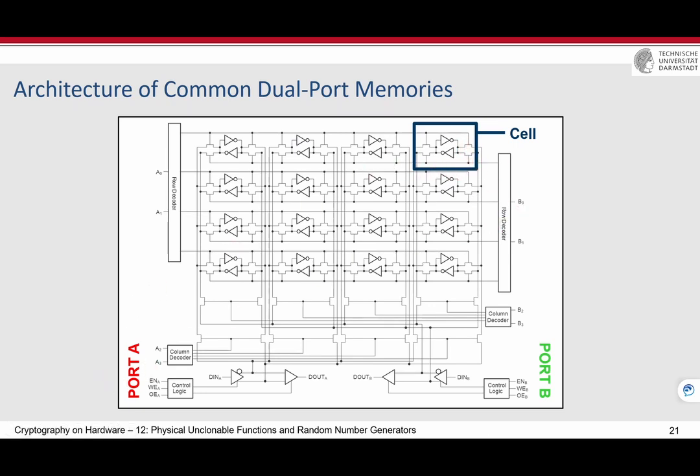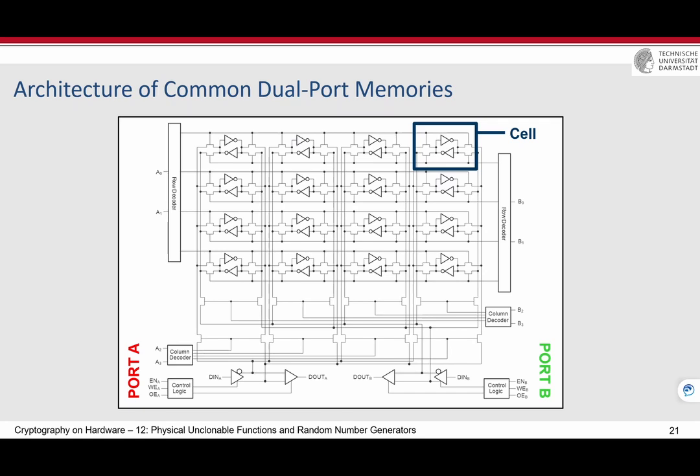Which one is stronger? For some bits or some addresses, this depends on the device. For some addresses, it's completely deterministic, similar to the arbiter PUF: the delay between two lines is very far apart, so the process variation does not affect them. But for some other locations, these delays are very similar to each other, and then the process variation decides whether port 0 or port 1 is stronger.